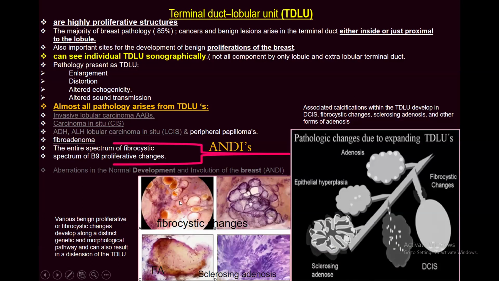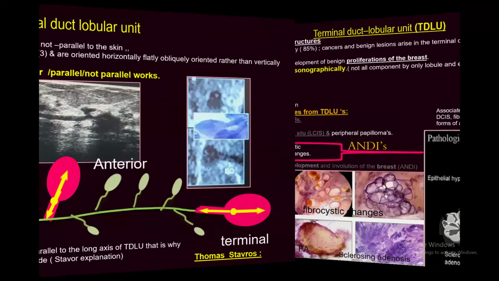These are examples of dilated terminal duct lobular unit or acini in a case of fibrocystic. This is fibroadenoma, also arising from a terminal duct lobular unit stroma. And here, this is the sclerosing adenosis appearance on a histopathology image.